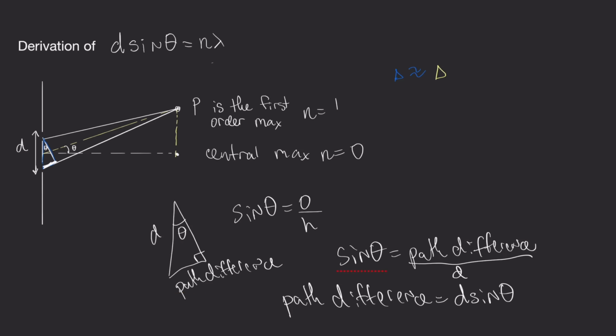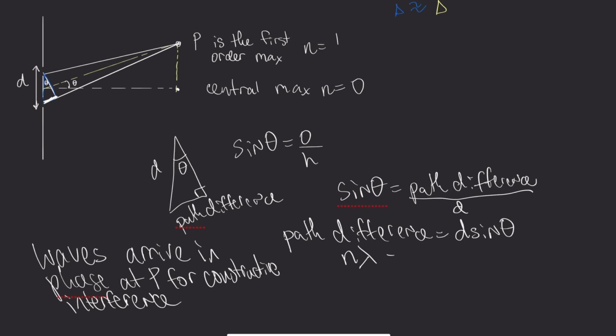But because the waves arrive in phase at p for constructive interference, the path difference is just going to be equal to n lambda. This is just a condition for constructive interference, and there we have it, that n lambda is equal to d sine of theta.